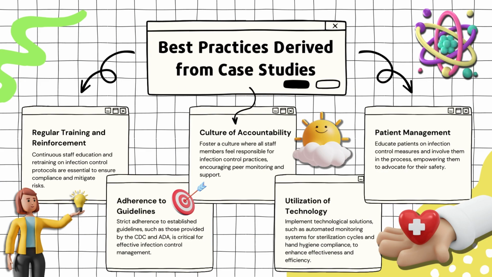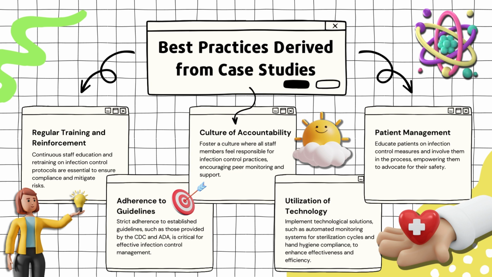So here are the best practices derived from case studies. Regular training and reinforcement. Continuous staff education and retraining on infection control protocols are essential to ensure compliance and mitigate risks. Adherence to guidelines. Strict adherence to established guidelines, such as those provided by the CDC and ADA, is critical for effective infection control management. Culture of accountability.